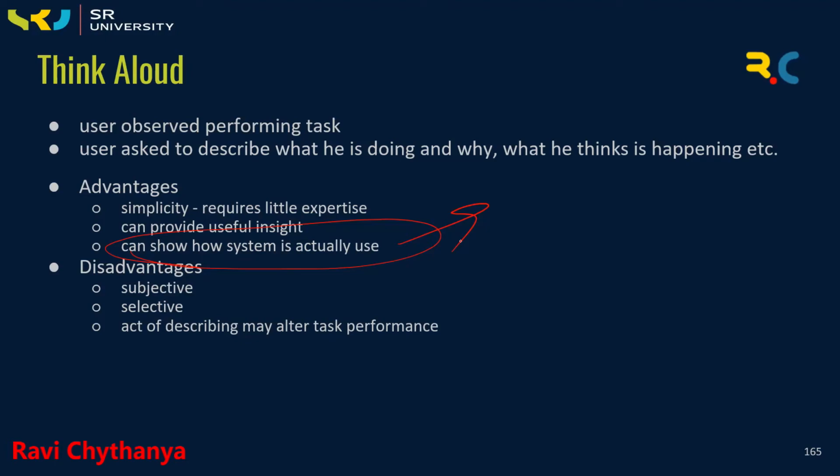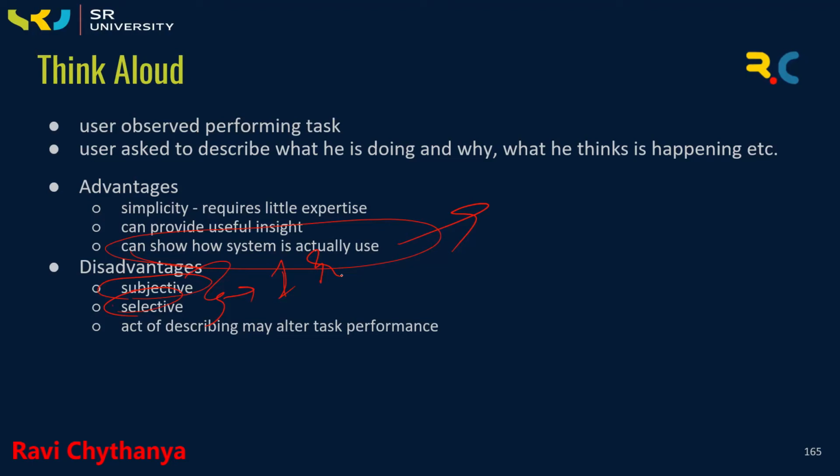And the disadvantages of think aloud are that it is subjective. It is subjective and selective because it is based on only one or a limited number of users, and those users may have their own biases, just like us.